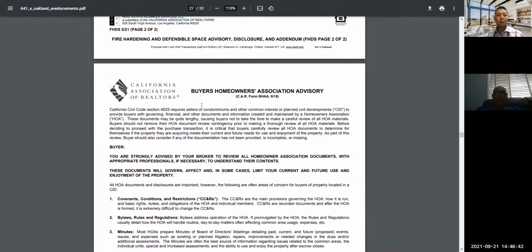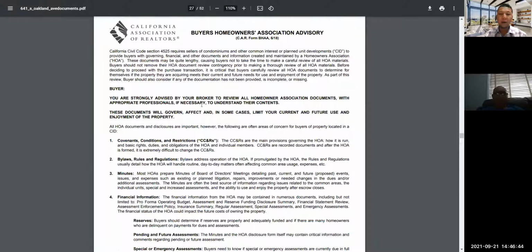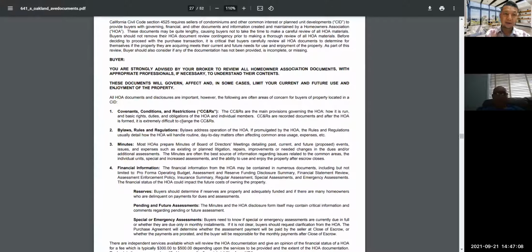And this is a form only required when you're dealing with a homeowners association. If you have a CC&R HOA in your sale, like a condominium, then go ahead and attach this form to let the buyer know they also have a duty to review the HOA docs, to read the minutes, to read the history of the area, and the financial health of the HOA, because that is outside my control.